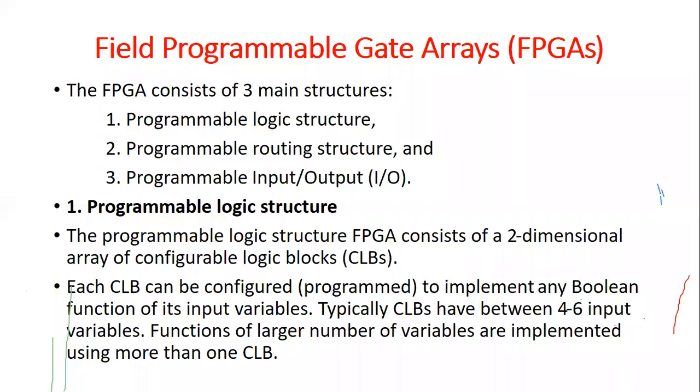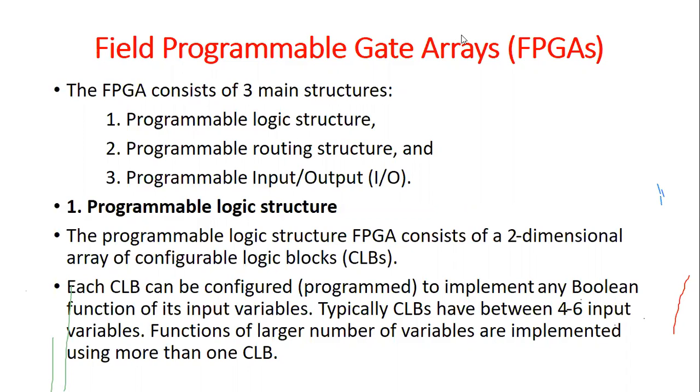So this FPGA is field programmable gate array. What is the meaning of this? This FPGA kit is already available. Whatever circuit we have, or whatever connections we are going to make, we always do this by using software.